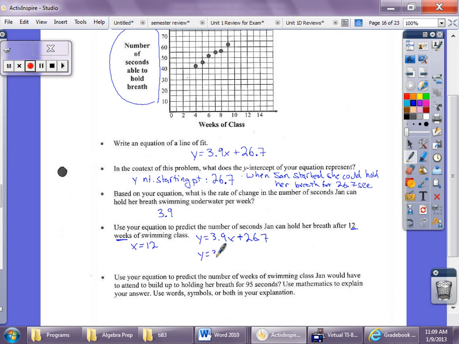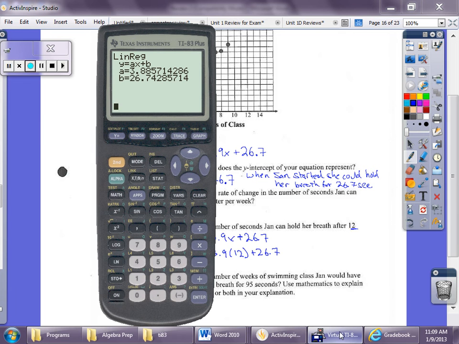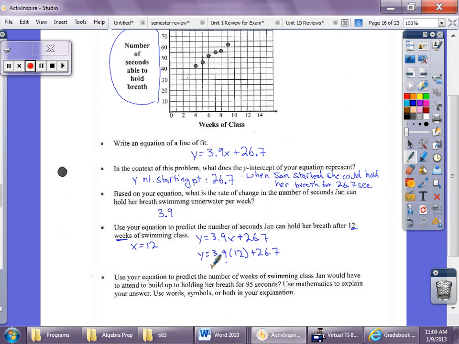So y equals 3.9 times 12 plus 26.7, which will give us 73.5. So y equals 73.5. Jan can hold her breath for 73.5 seconds.